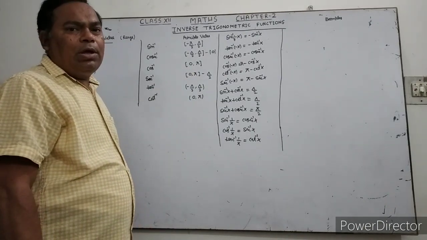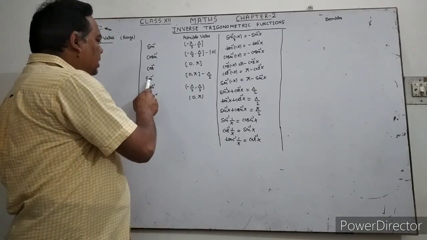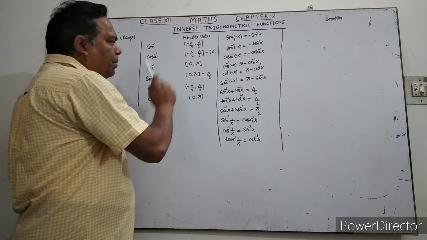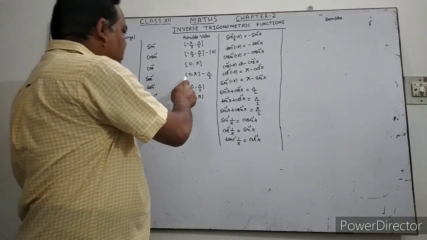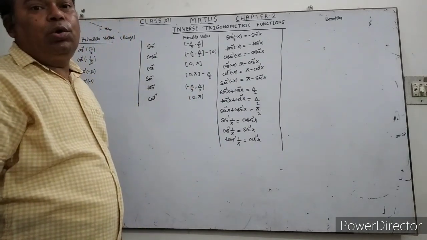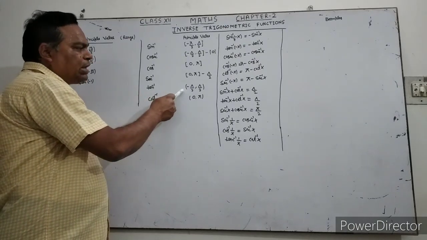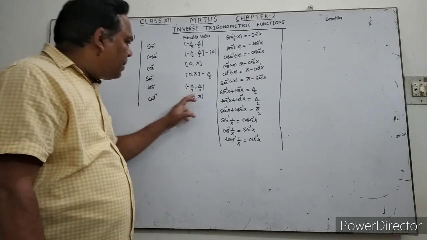In which interval, closed or open? Closed interval. What is the range of the sec inverse function? 0 to π except π/2. Then what is this interval? This is the closed interval. What is the range of the tan inverse? -π/2 to π/2, and it is an open interval.